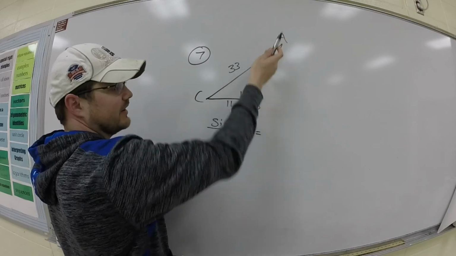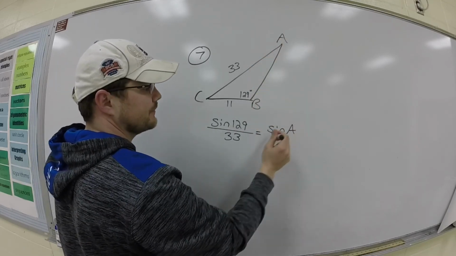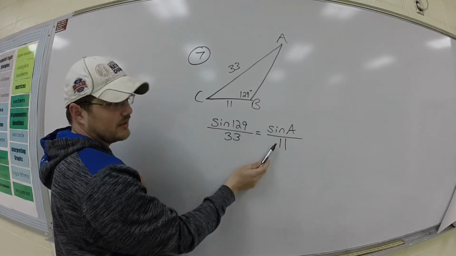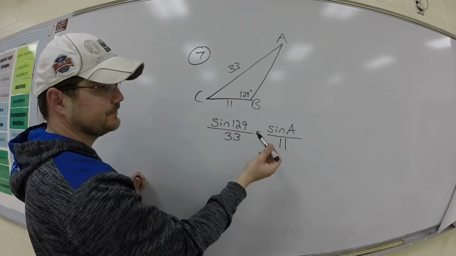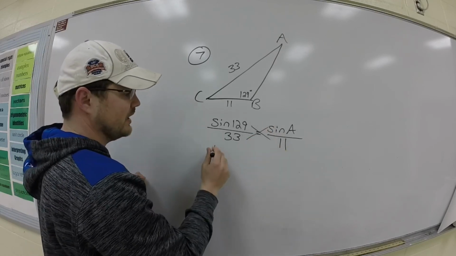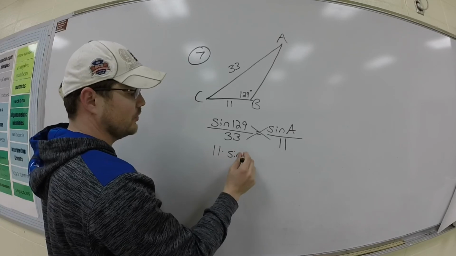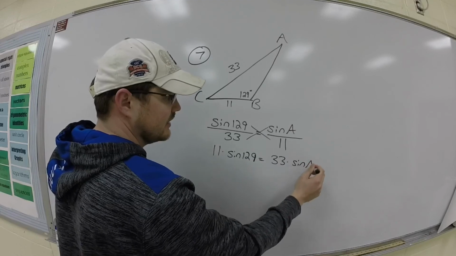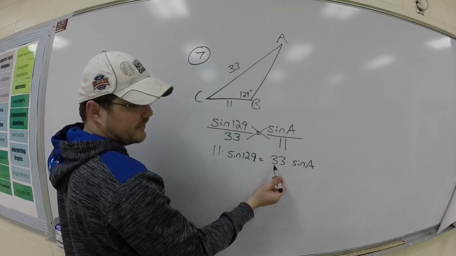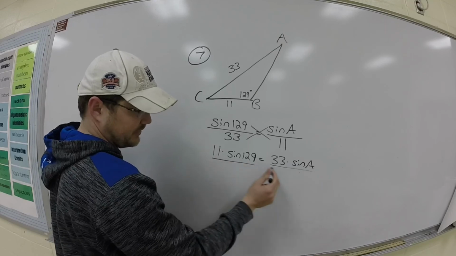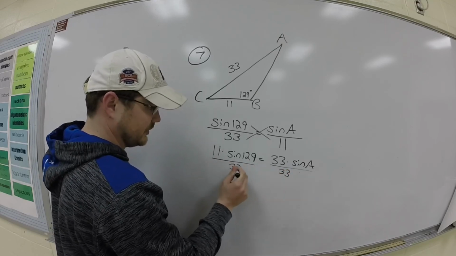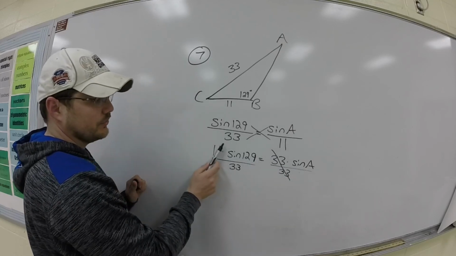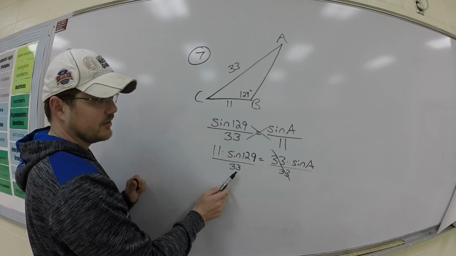So we'll say sine of angle A over its opposite side of 11. Now let's cross multiply this and get sine A by itself. So cross multiply, we have 11 times sine 129 equals 33 times sine A. And then let's divide both sides by 33. Okay, so the 33's cancel. So now I have sine of angle A equals 11 times sine 129 over 33.